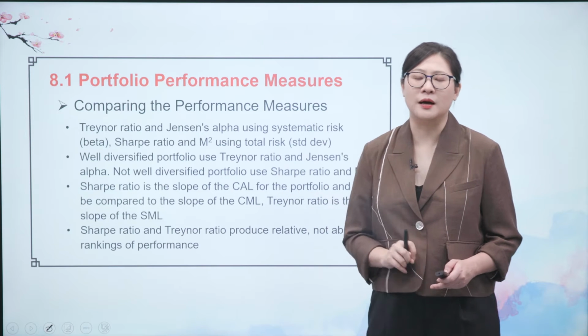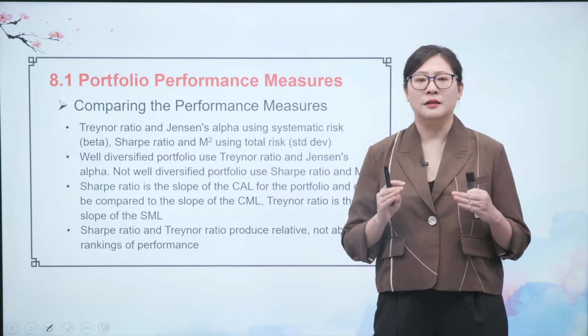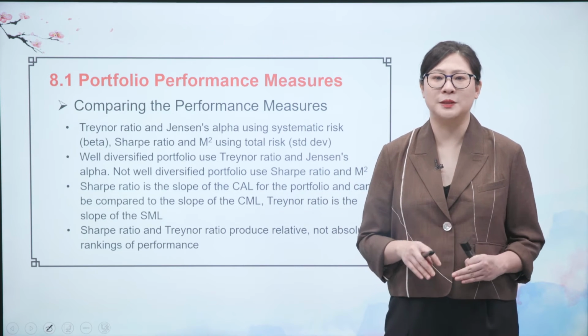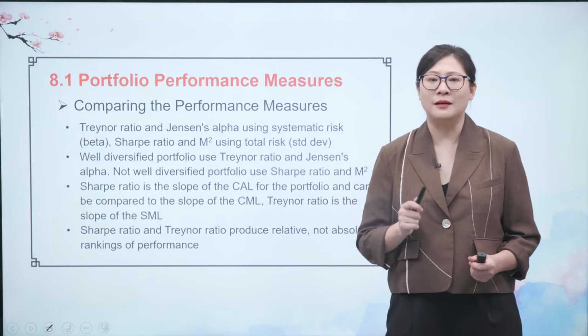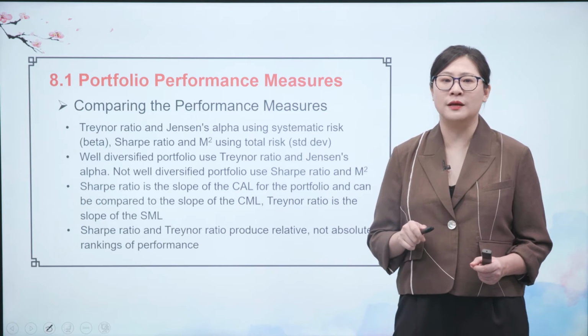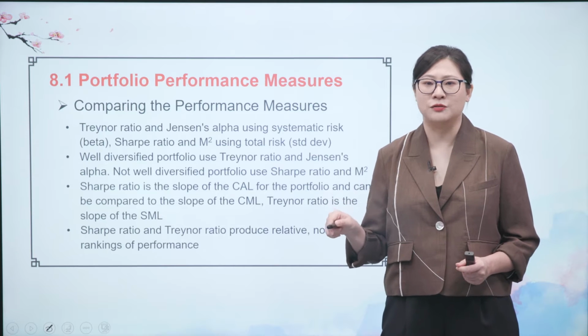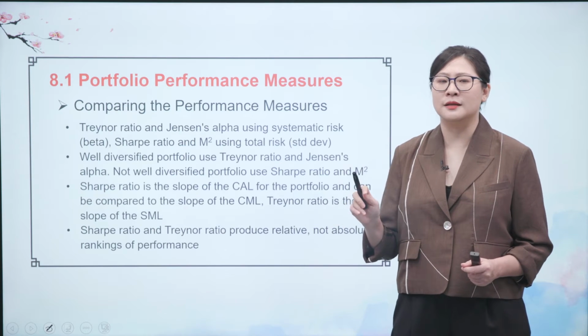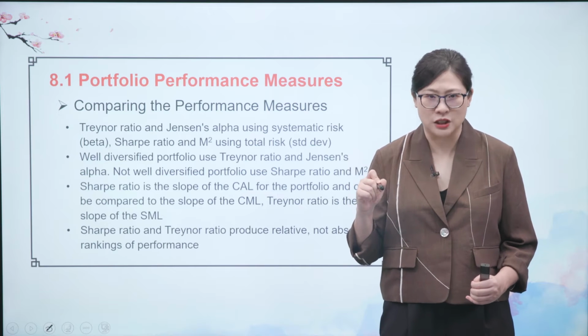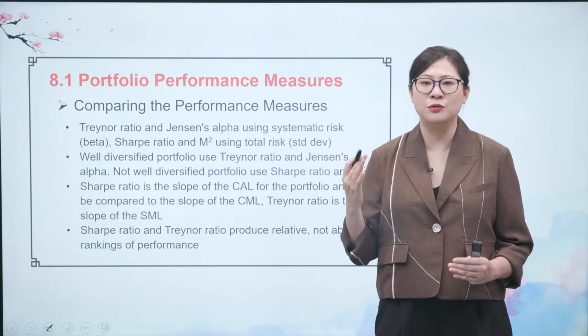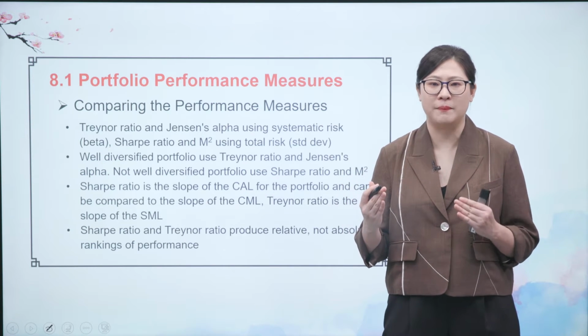Now let's have a look. I compared the different performance measures together. The first ones are the Treynor ratio and Jensen's alpha, which use systematic risk. For the Treynor ratio, we divide by beta, and for Jensen's alpha, we use the capital asset pricing model, CAPM.